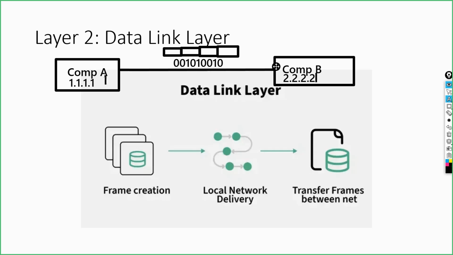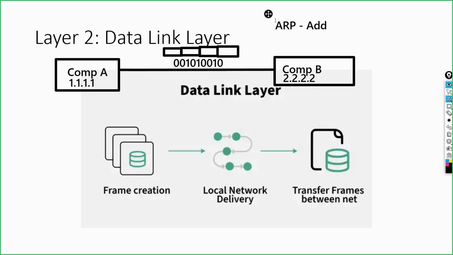Then computer B will reply that 2.2.2.2 is me and this is my MAC address. In this way, computer A will get the MAC address, and this is nothing but called ARP.